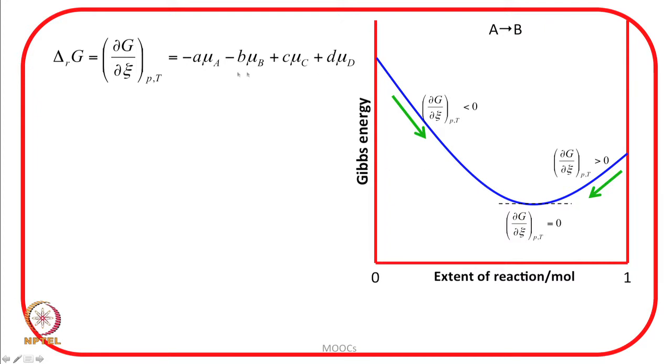If the slope turns out to be positive, then the reaction will be spontaneous in the reverse direction. And wherever this slope is 0, that corresponds to the position of equilibrium.